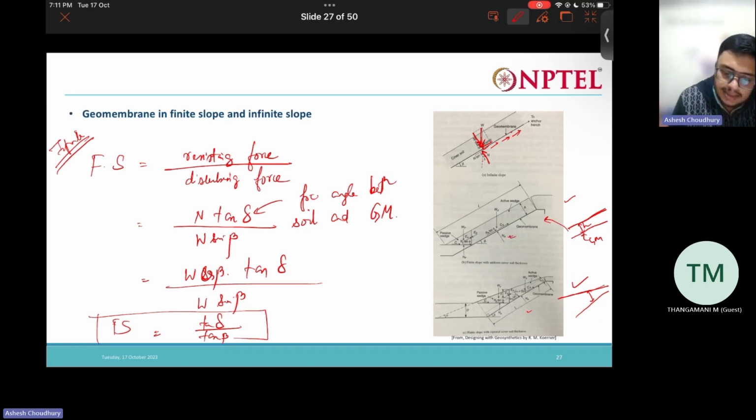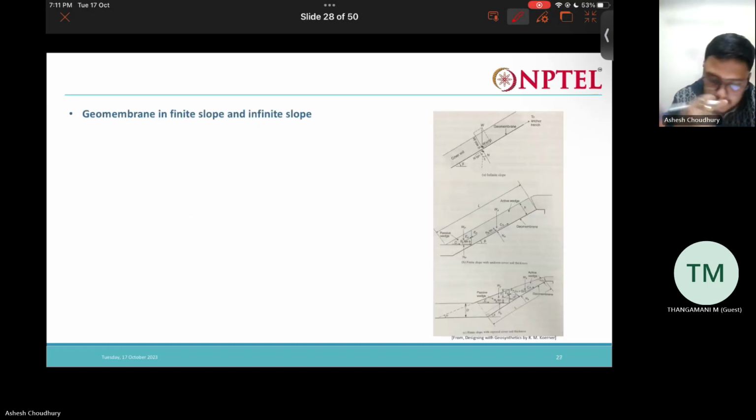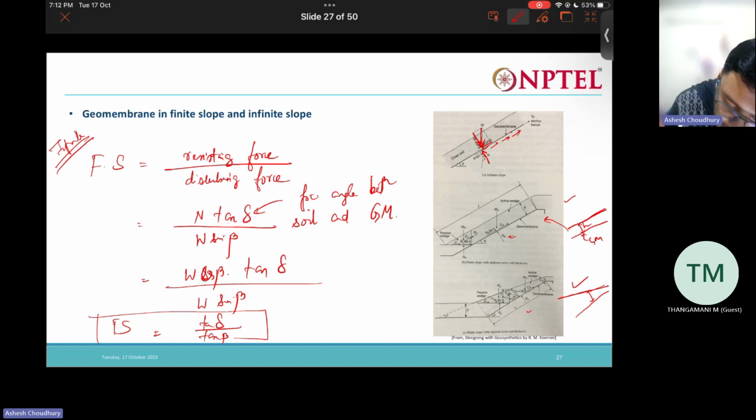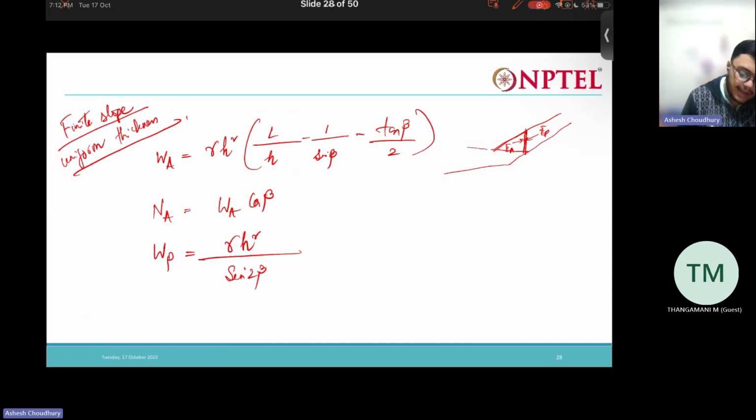The weight of the passive wedge is given by a similar expression. There is an active wedge formation and here a passive wedge formation, and there is a tendency to slide downwards. So we need the normal forces Na and Np acting. If we equate all the forces in the vertical and horizontal direction, we will finally obtain the desired equations. So you have WA, NA, WP.